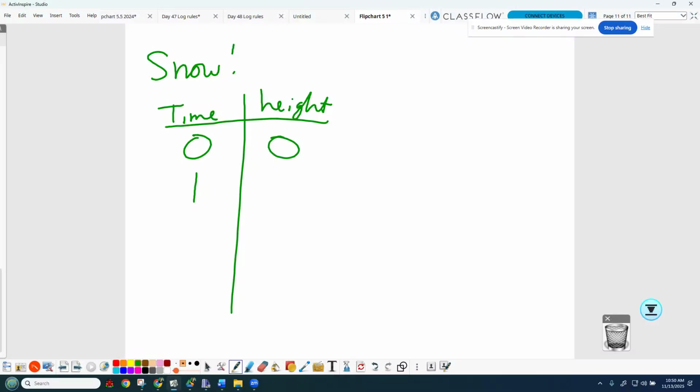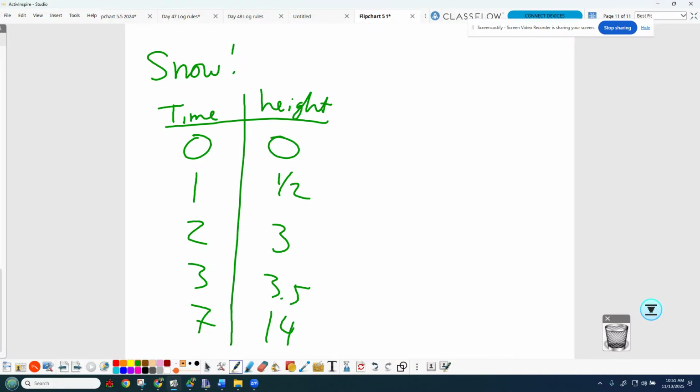In 1 hour, how much more snow do we have? 9 inches. Then we have half an inch, and we're watching, and then we have 3 inches, and then we have 3.5 inches, and we go to bed, and in the morning we wake up. How deep is the snow in the morning? 14.